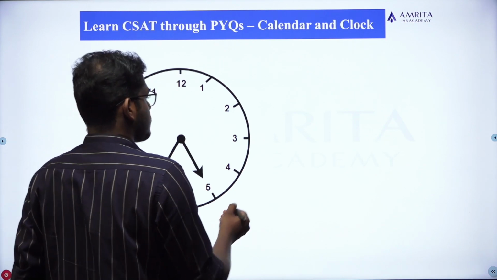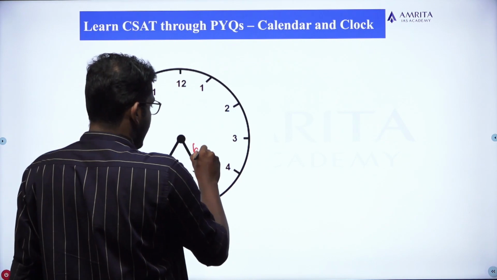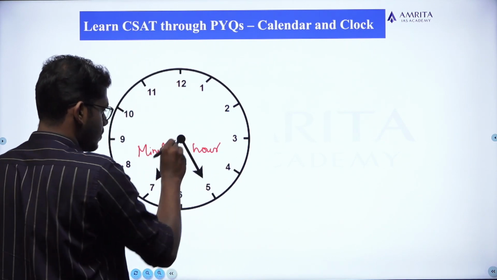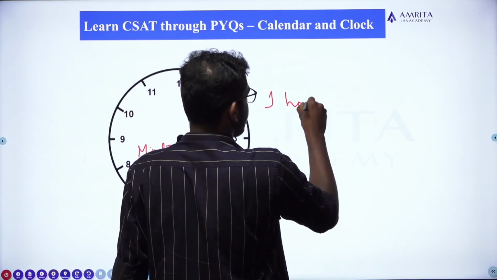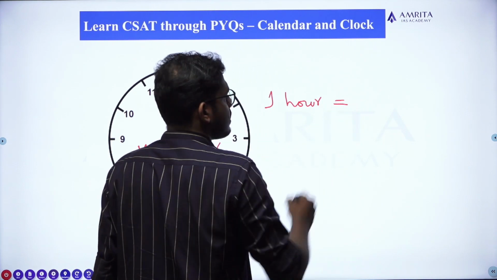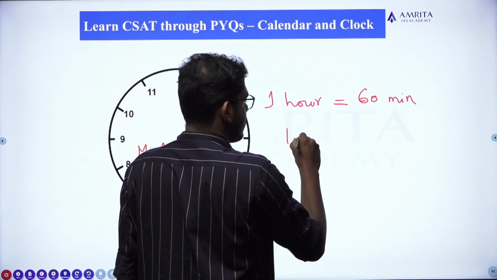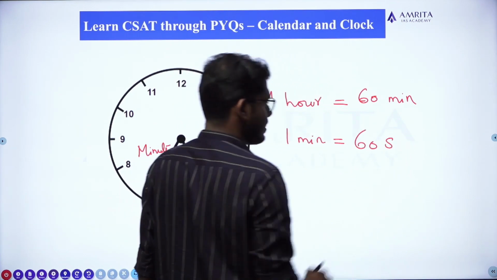We know that this is a clock, this is the hour hand and this is the minute hand. In an hour there are 60 minutes and 1 minute consists of 60 seconds.